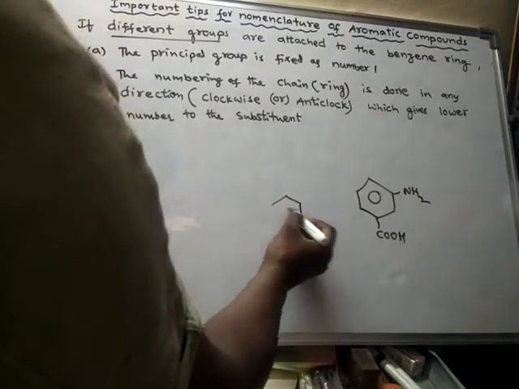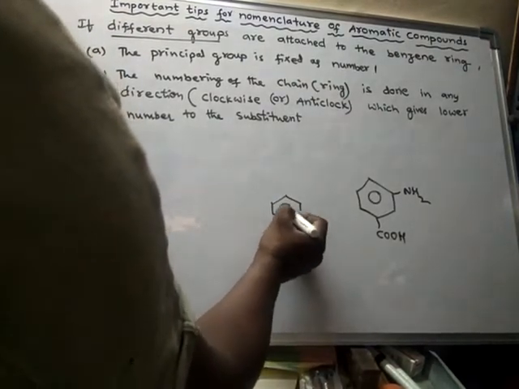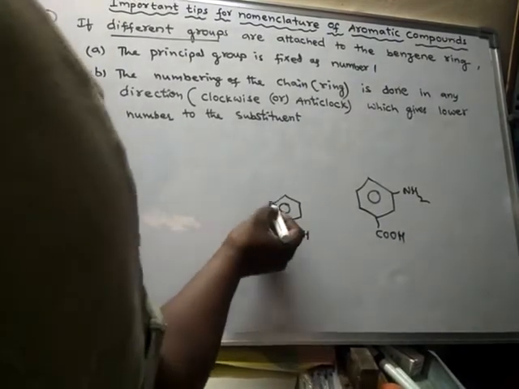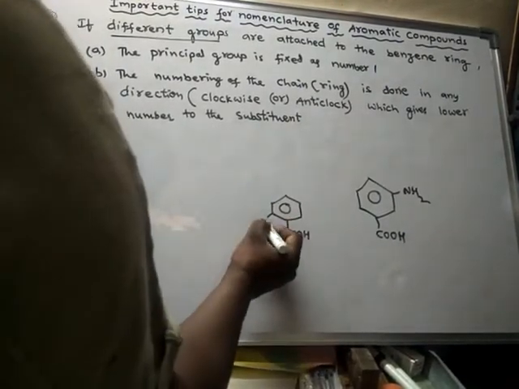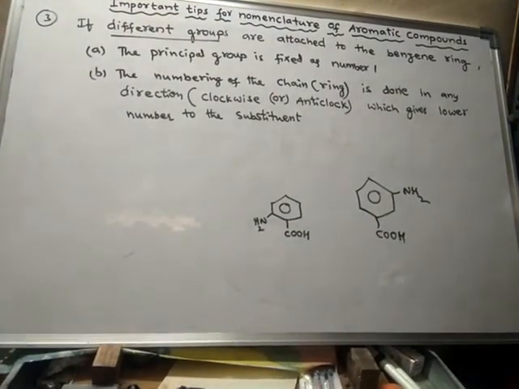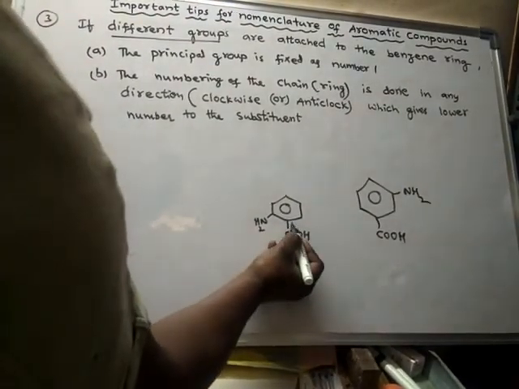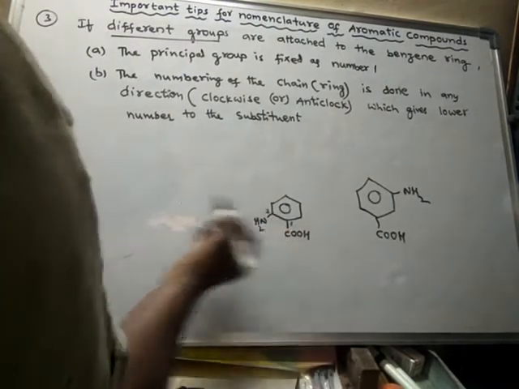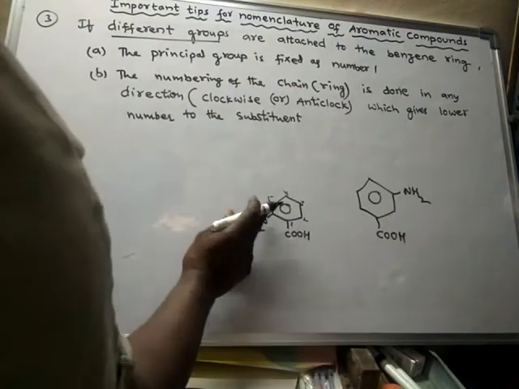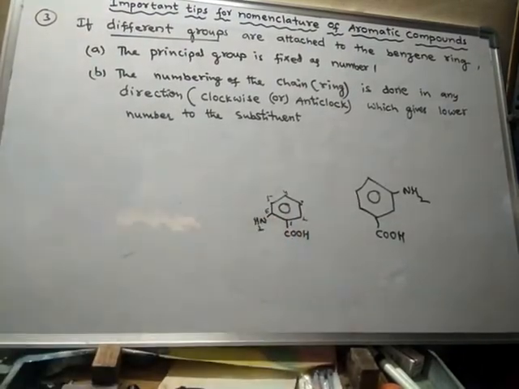Suppose the compound is written like this, COOH and NH2. This carbon gets 1, and don't number 2 here, 3 here, 4 here, 5 here, and make it the 6th carbon.